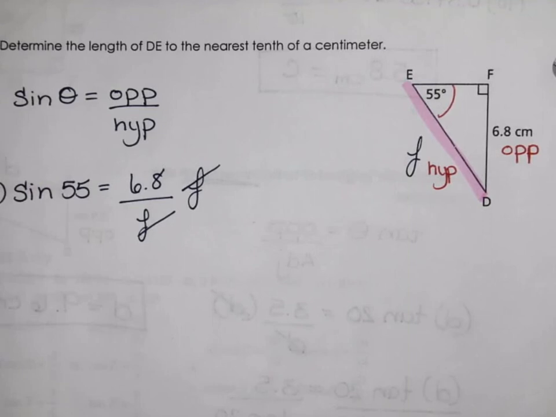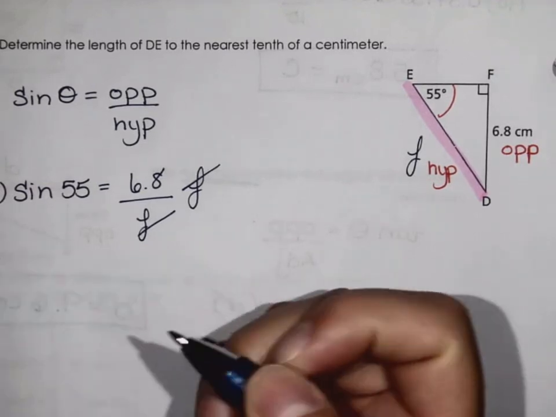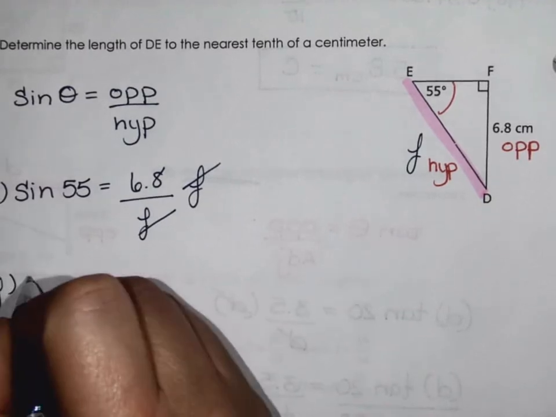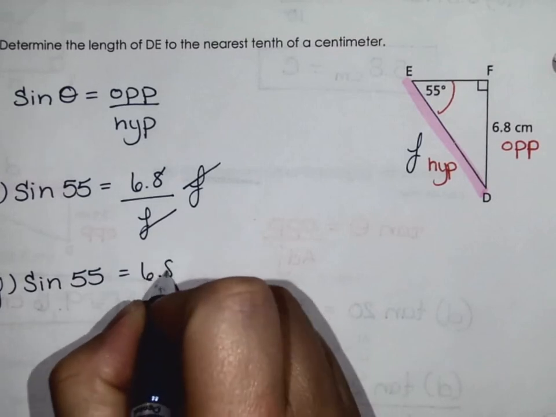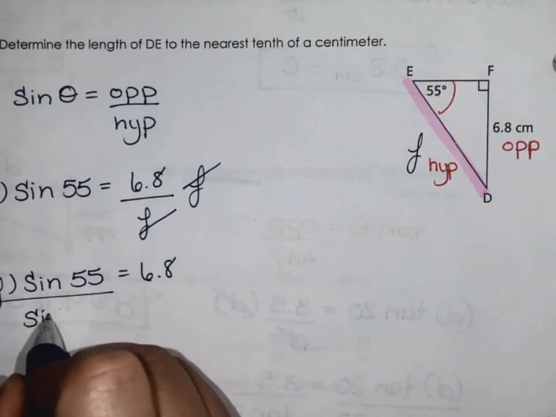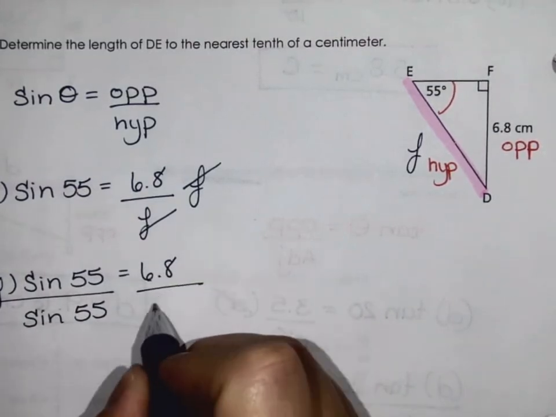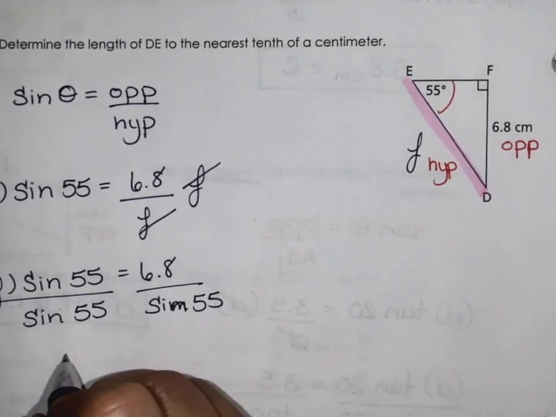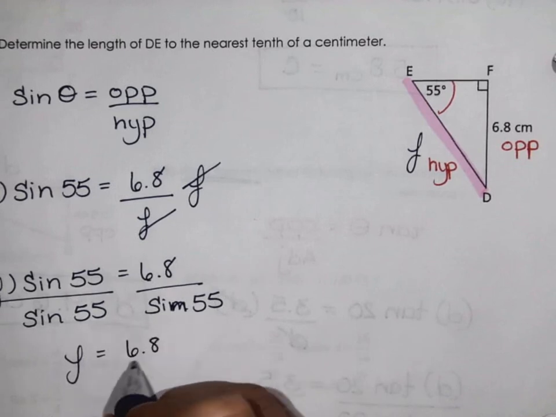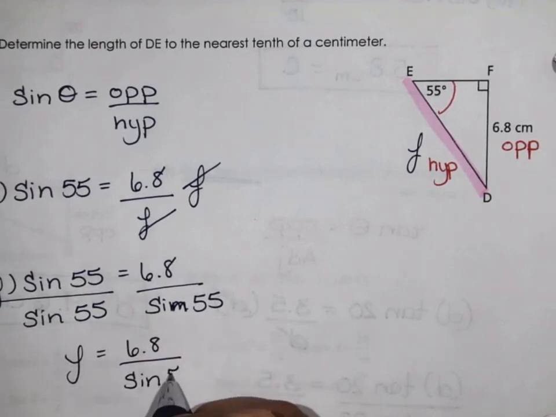I want to use the formula that has the side I know, that's my opposite side, and the side I want, which is my hypotenuse. So I've got to divide both sides by sine of 55. So F is equal to 6.8 divided by sine of 55.